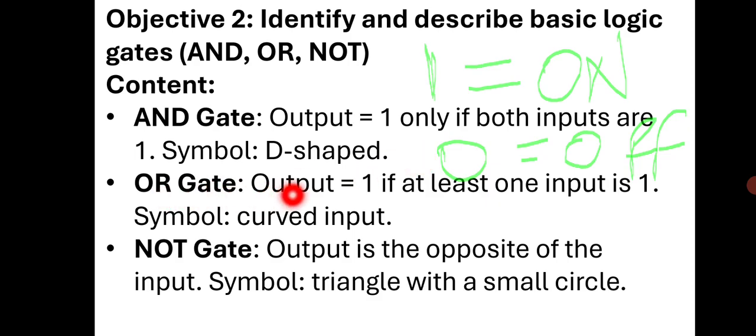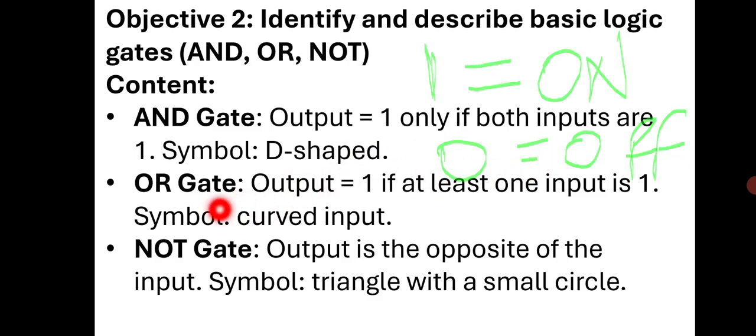But if one of them is closed while the other is open, it will not give light. Even if both switches are closed, the bulb will still not give light because of short circuiting. I'm going to illustrate this later on.